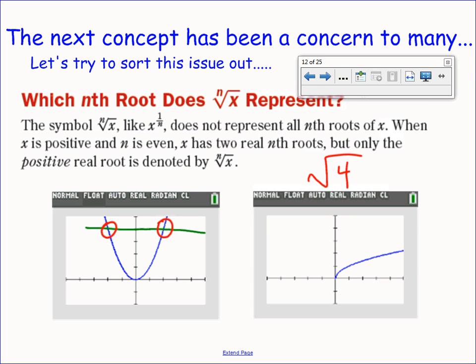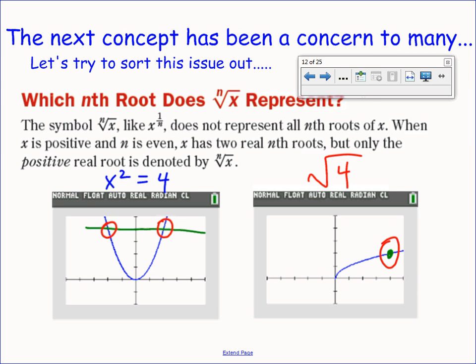So you can kind of see this visually. There's one value when you're evaluating the square root of 4, versus when you're undoing a power expression, x squared equals 4, by considering positive and negative square roots, then you need to add the two different solutions.